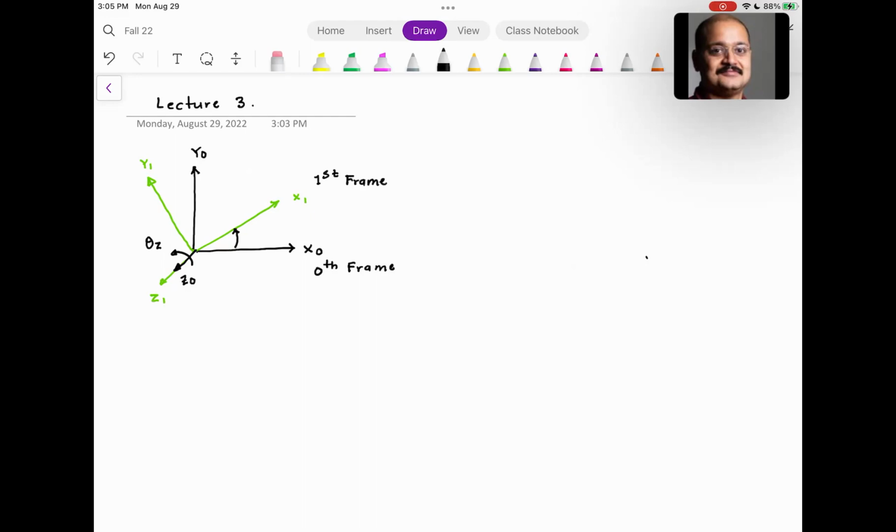So the rotation transformation that relates the 0th frame to the first frame is given as 0R1. This is the initial frame, or I call it the old frame, and this is called the new frame. Also, this can be considered as from and to. So we are going from the old frame to the new frame.